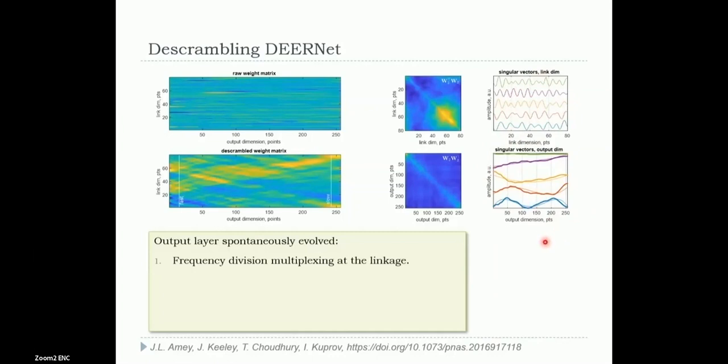And that kind of makes sense because the output is a combination of peaks, and if you cut the baseline like the final transfer function does, you get these patterns of peaks. So the output layer spontaneously evolved frequency division multiplexing. It drops small singular values out of it, so it's a spectral filtering regularization. Some kind of frequency distance transform in this case, and for goodness sake, Chebyshev polynomials.